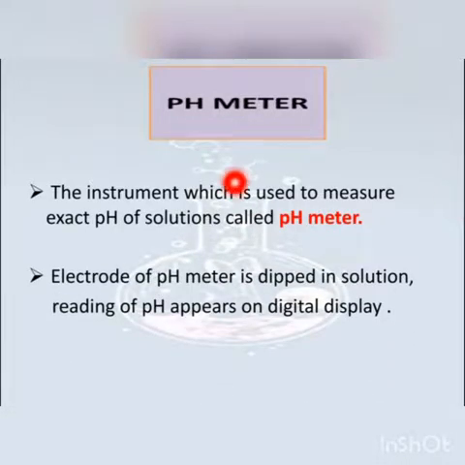For this pH meter, we have an electrode of the pH meter, we dip it in a solution and the reading of pH appears on a digital display. Now, what we learned from here is pH meter is a digital scale. It has a digital display from where we get the pH of a solution that tells us whether the solution is acidic or basic. But the pH scale was not digital.